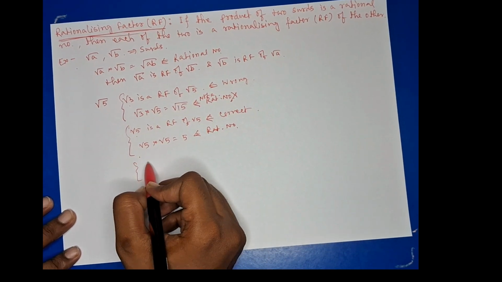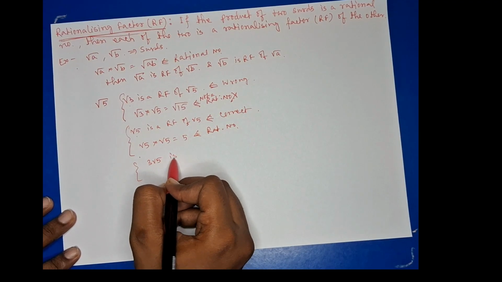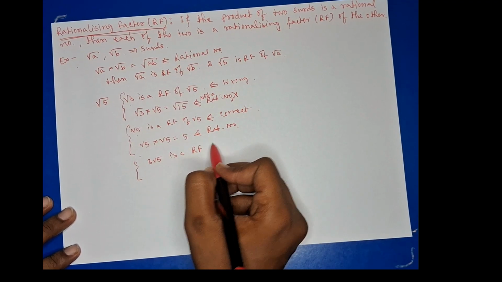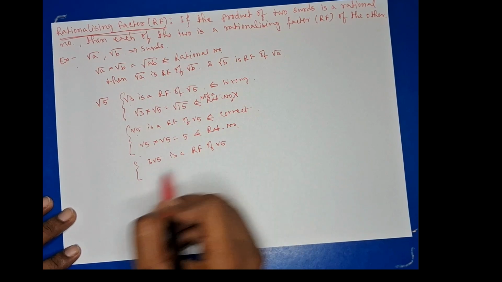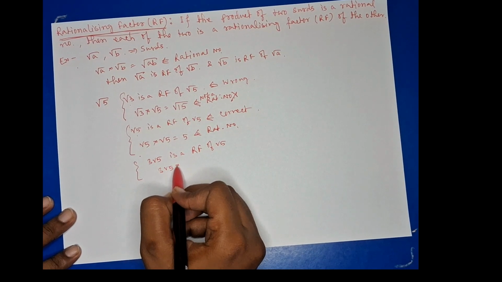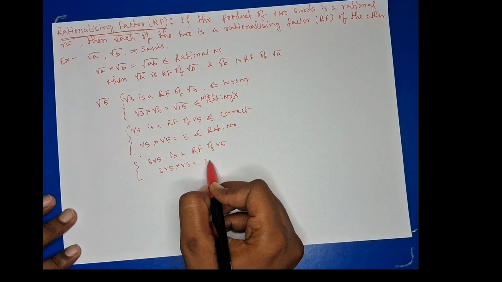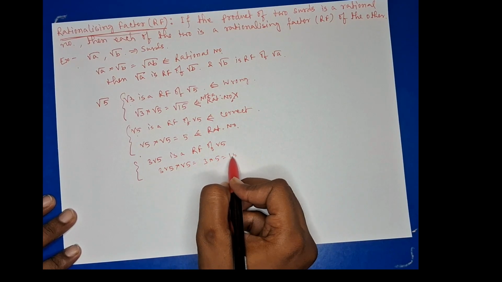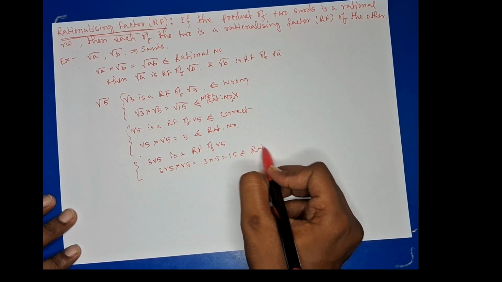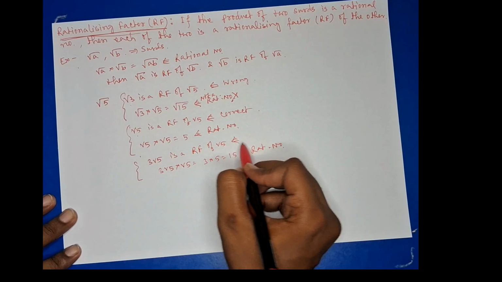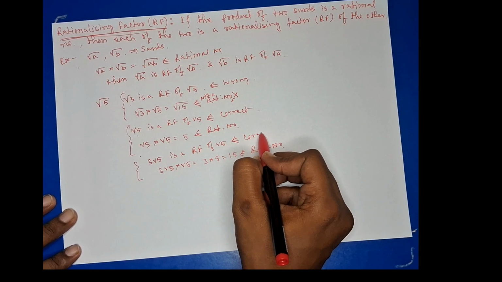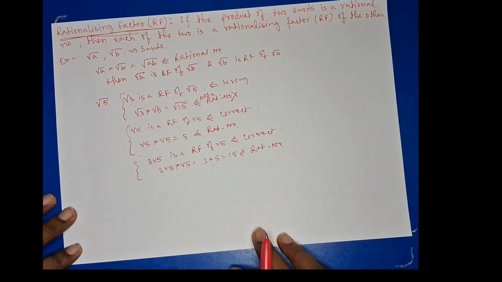Can we say that 3 root 5 is a rationalizing factor of root 5? Let us check. 3 root 5 into root 5 is equal to 3 into 5, which is 15, a rational number. So our statement is correct.